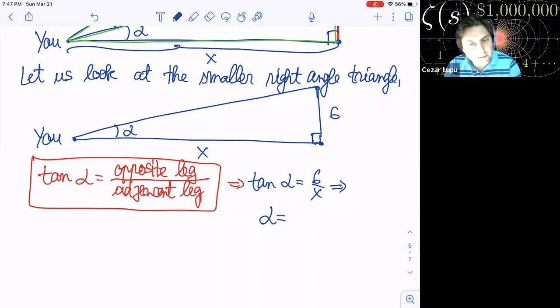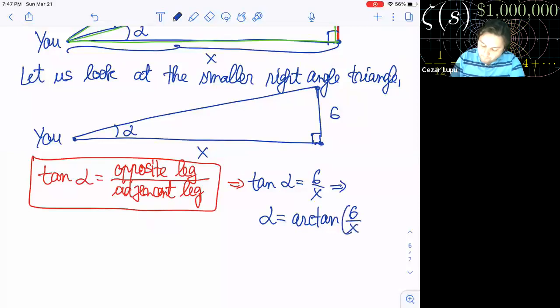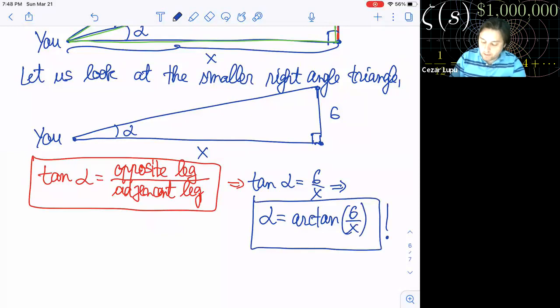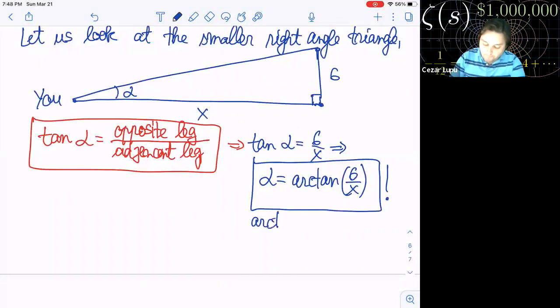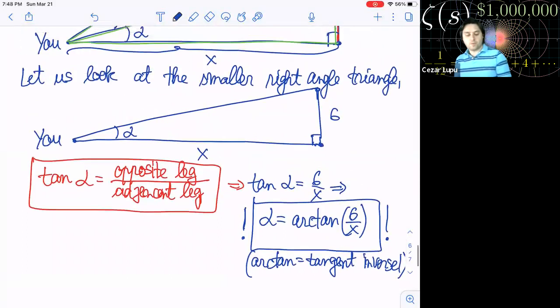So by taking the inverse, right, it will be arctangent, or the tangent inverse of 6 over x. So that's what alpha is. Arctangent is the tangent inverse. All right, great. So we know who this alpha is, right?